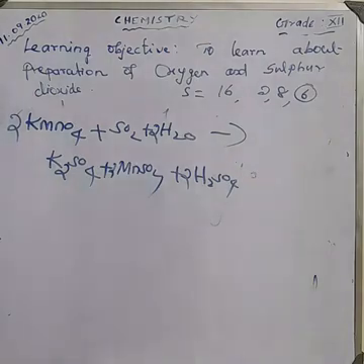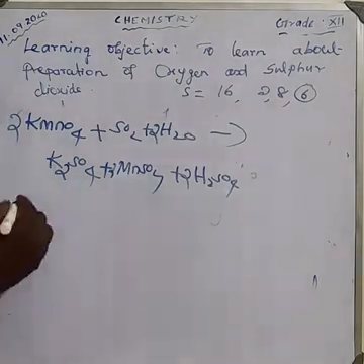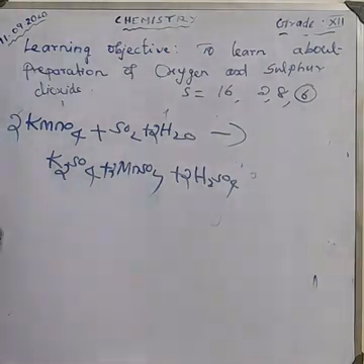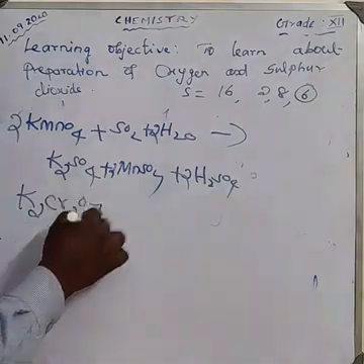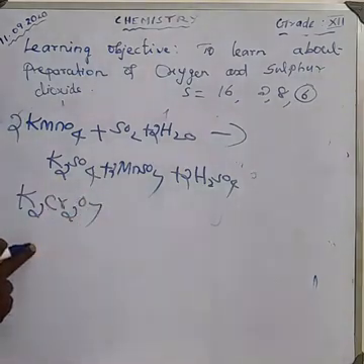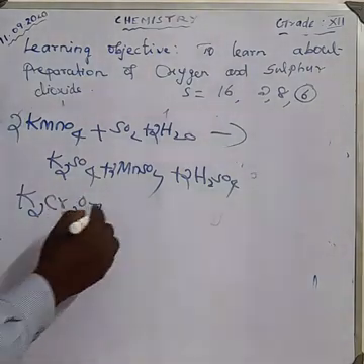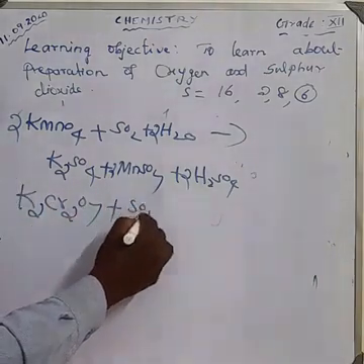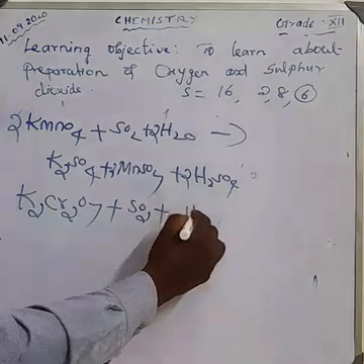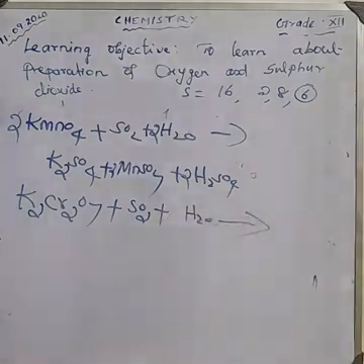Next about potassium dichromate. What's the formula for potassium dichromate? K2Cr2O7. Potassium dichromate reacts the same way with sulfur dioxide plus water. What products are obtained?